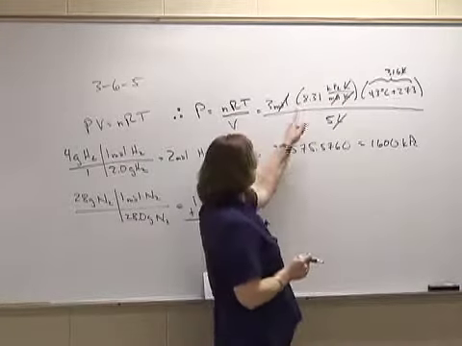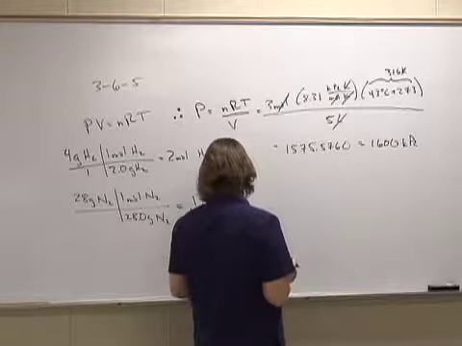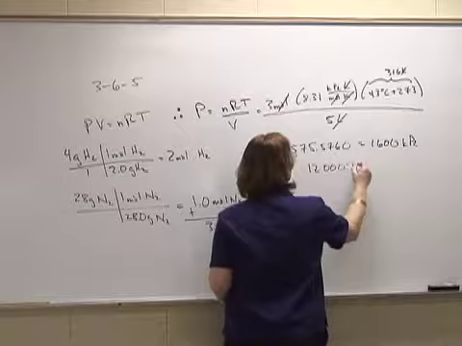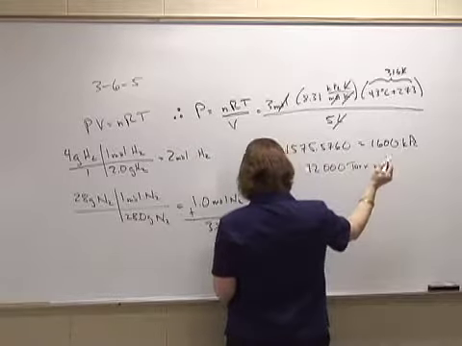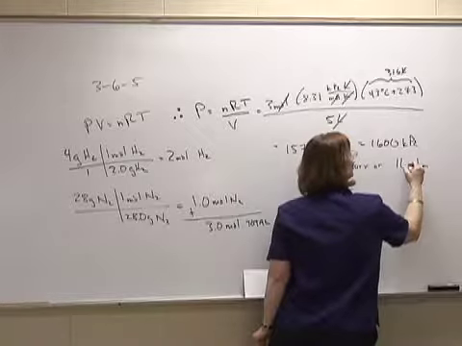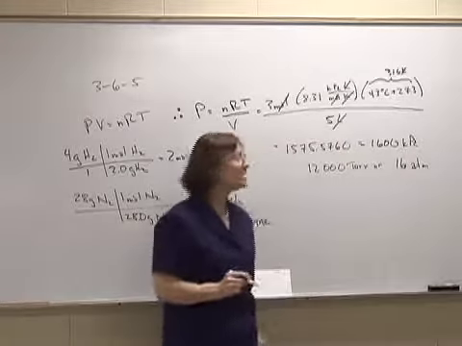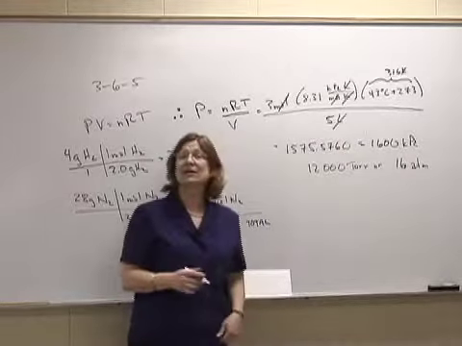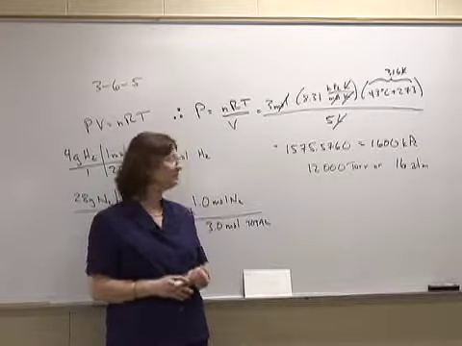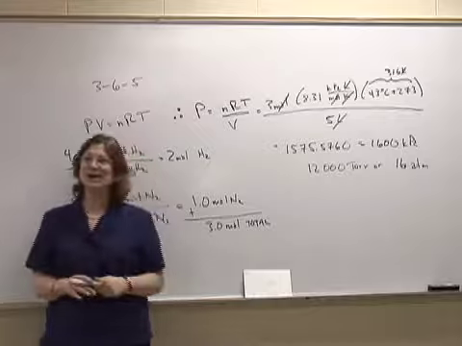Now, had you solved this with the R value for torr, you would come out with 12,000 torr. Or if you had done it in atmospheres, you would come out with 16 atmospheres. Those are the possible answers in different units of pressure depending upon the ideal gas constant that you chose. And that's how you do number 1.